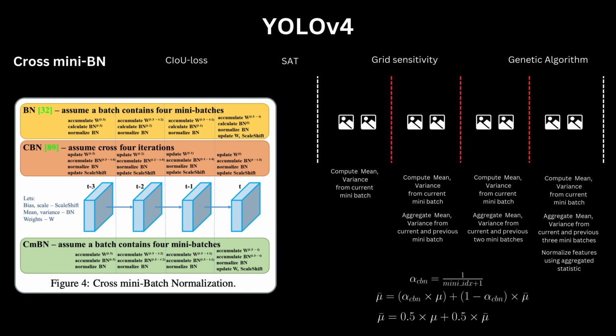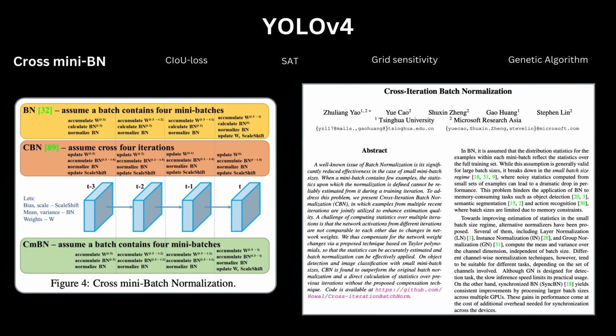In this video, I haven't done a very good job at explaining all details of cross mini batch norm because there are just too many. But if you want to understand it for yourself, I would suggest to first read the cross iteration batch norm paper. Here I've used mean as an example throughout, but to understand how the variance is aggregated, you would need to go through that paper.